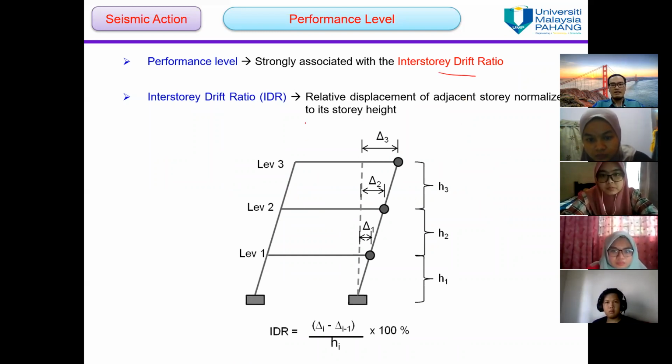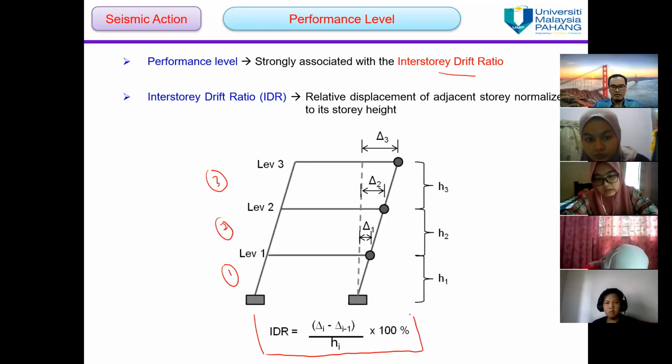It is the relative displacement of adjacent stories normalized to the story height. Okay, this is for story number 3, story number 2, and story number 1. So you can use this formula to determine the value of interstory drift ratio.